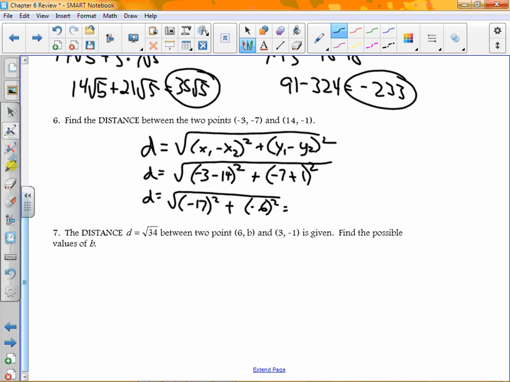You got to remember, -17 squared is going to end up being what kind of number? Positive. If you take a calculator and you say -17 squared without the parentheses, your calculator is going to give you a negative answer.